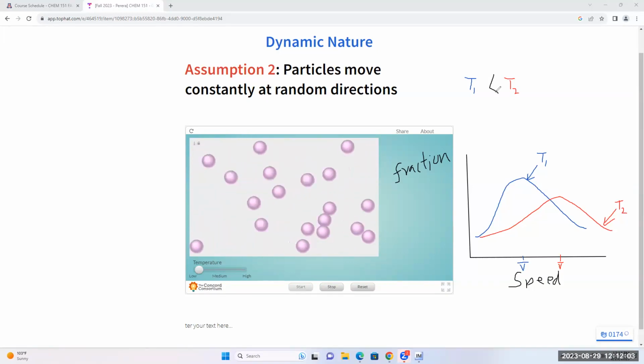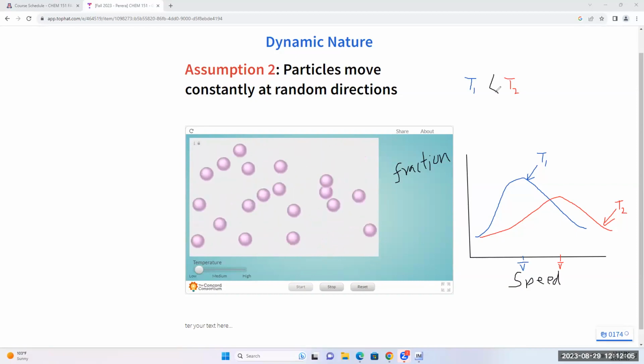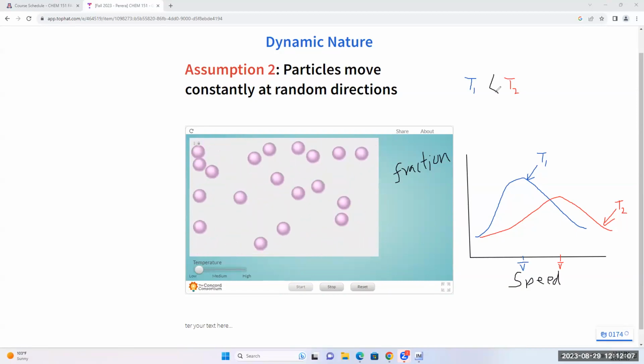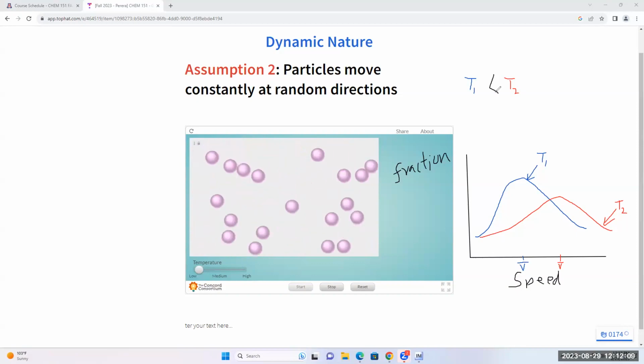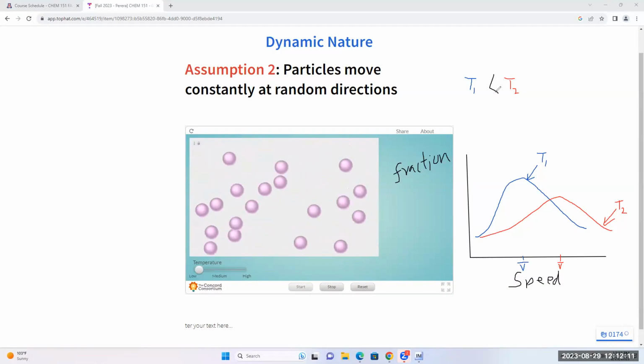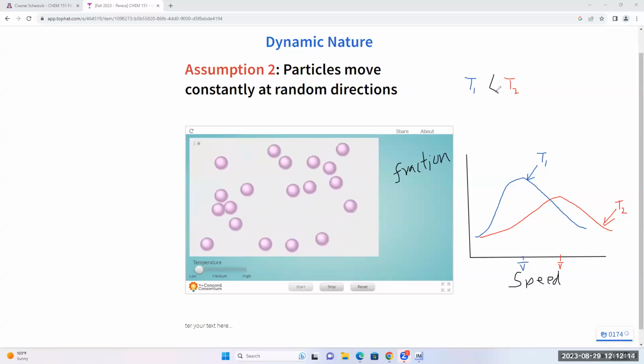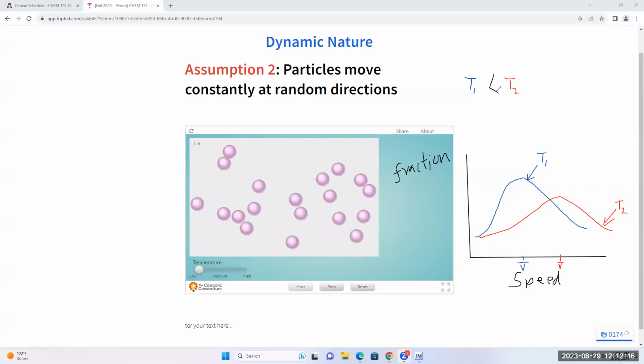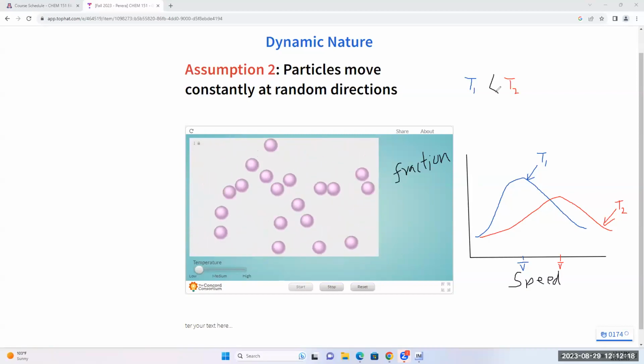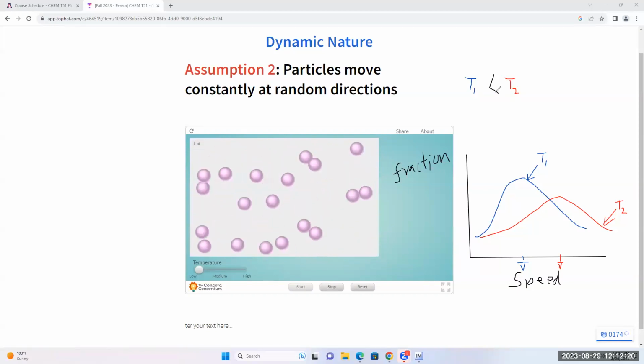That's why we have more vapor pressure at higher temperatures. Why? There are more particles with higher speed, and those particles can escape into the gas phase more readily. That's why we have a higher vapor pressure at higher temperatures.